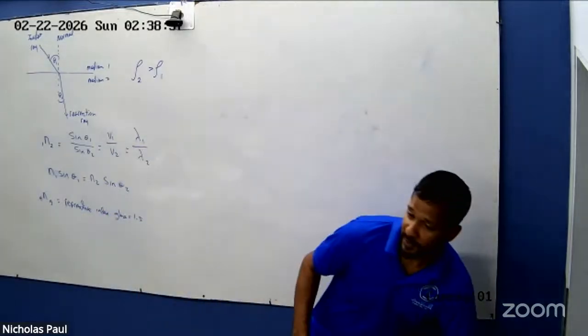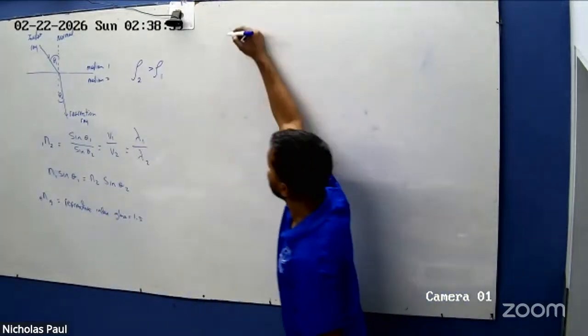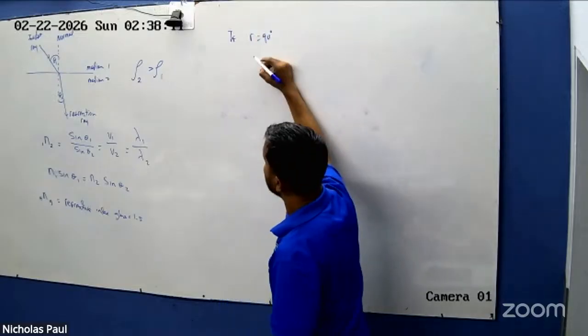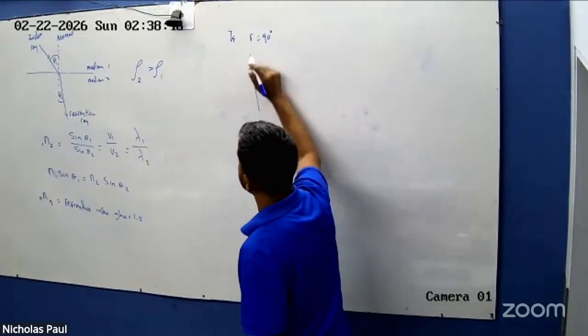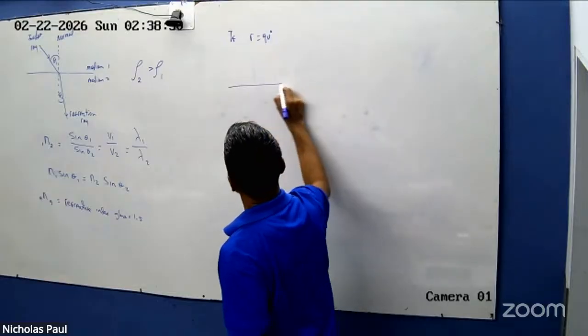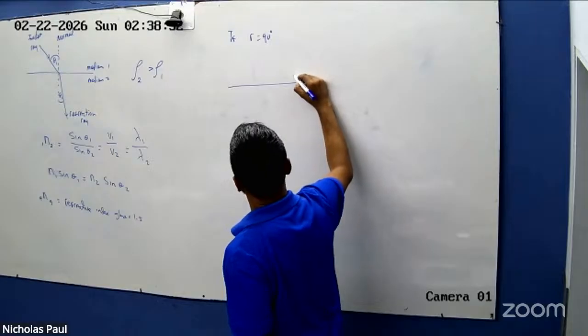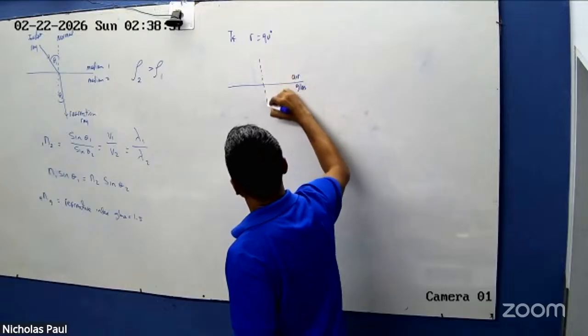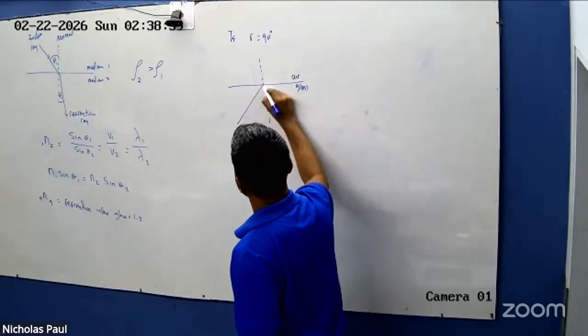What happens if r is 90? Let's say we have air and glass, and the normal is here.